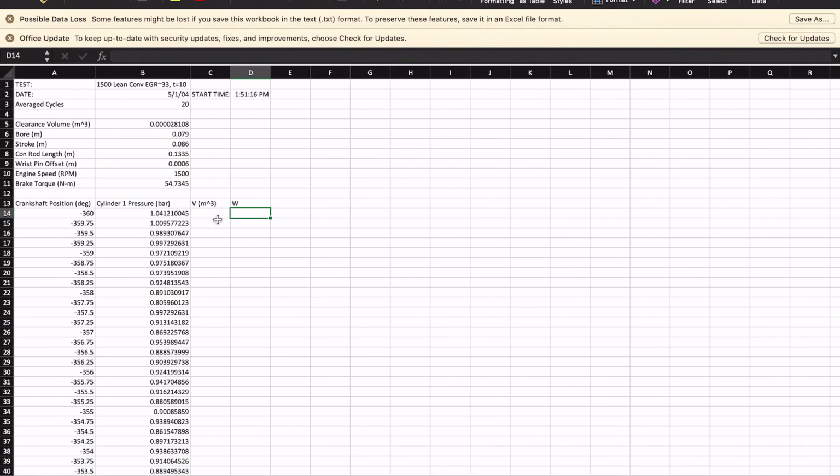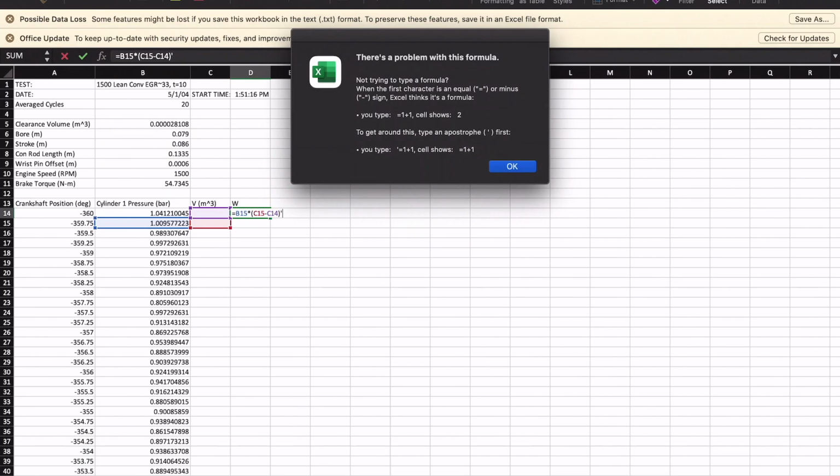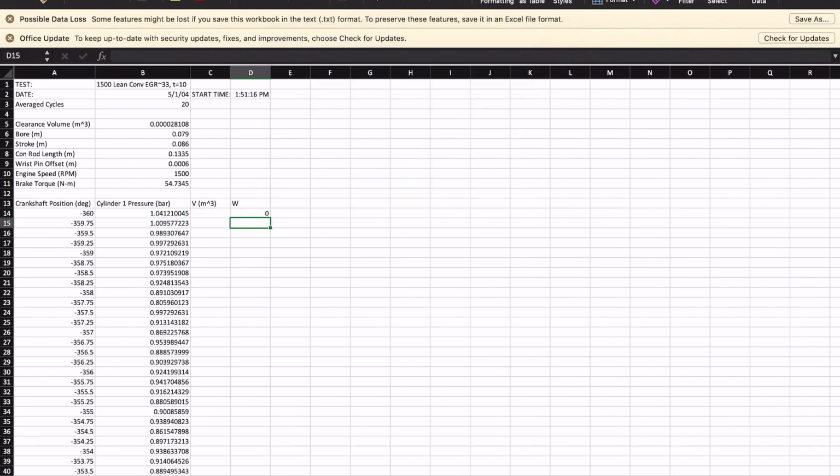I can say this is just going to be, for example, this pressure times the change in this volume relative to that volume. That would be called a left-hand sum. Or if you wanted to do a right-hand sum, you could take this pressure and multiply it by the same change in volume, this volume minus this volume. And that would be called a right-hand sum.